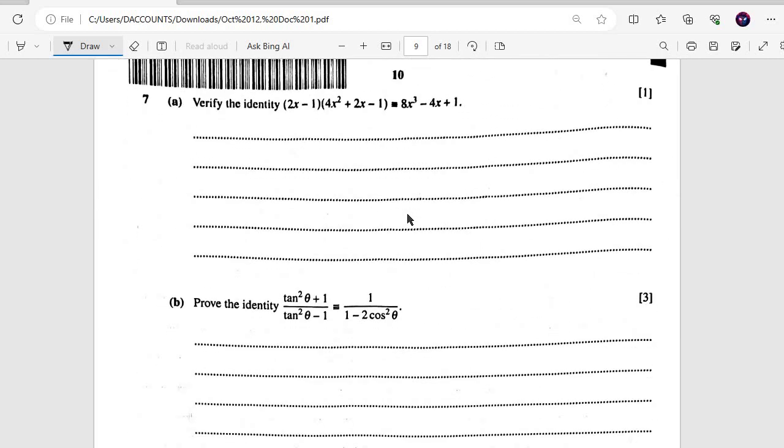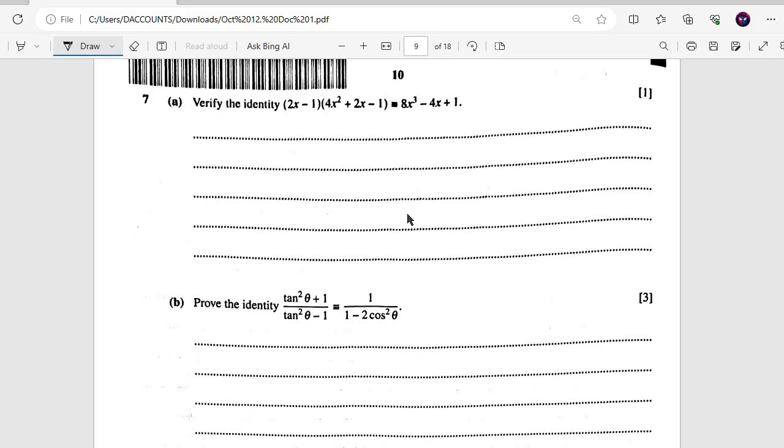Now the next question, we have to verify the identity. 2x minus 1 bracket 4x squared plus 2x minus 1. You have to verify it.